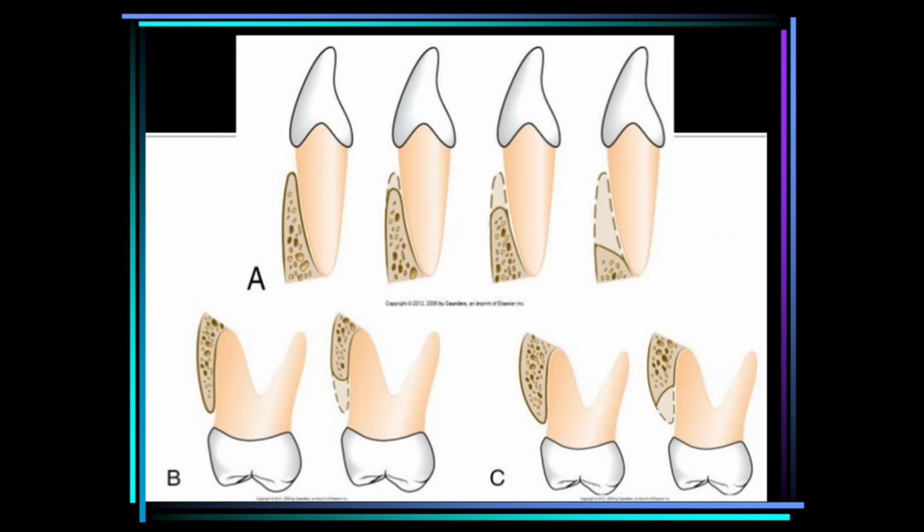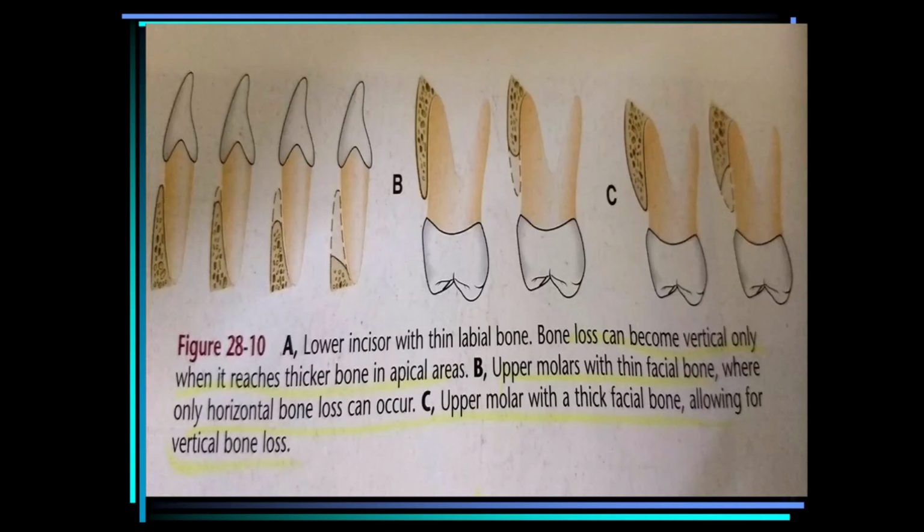So, the diagram, this is from the Carranza book. It shows when the bone resorption starts. The initial pattern will be horizontal, because the thickness of the bone and the radius of action are the important factors that determine the pattern of bone loss. Let us see how.